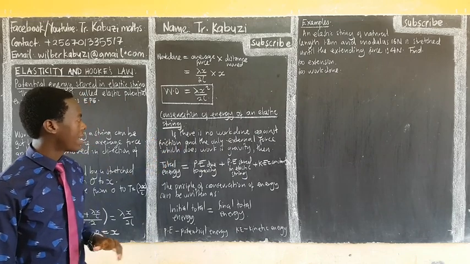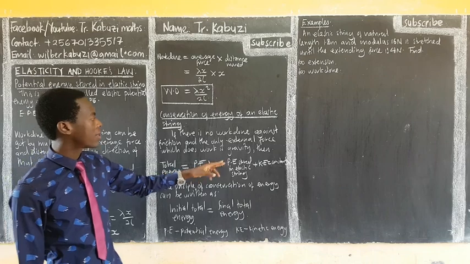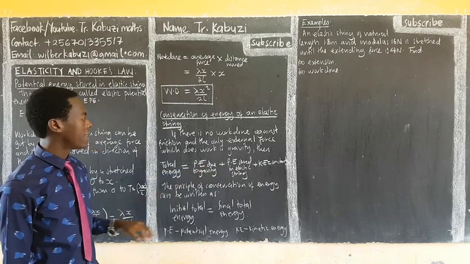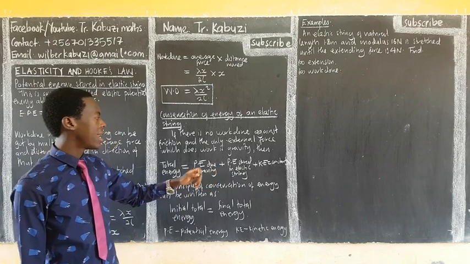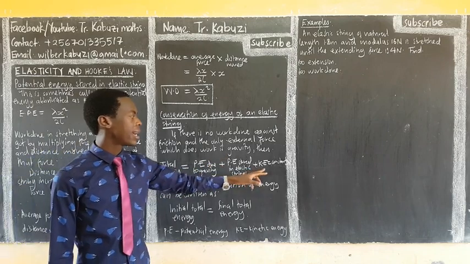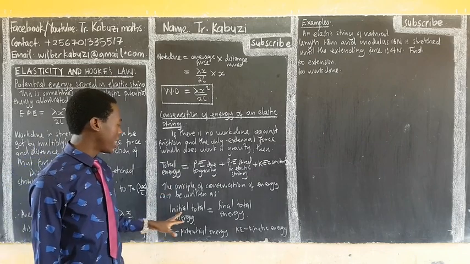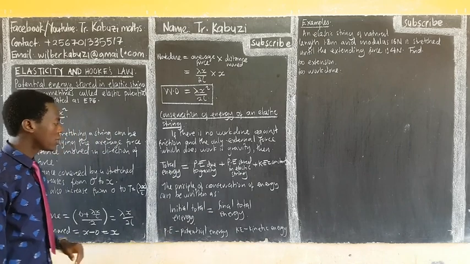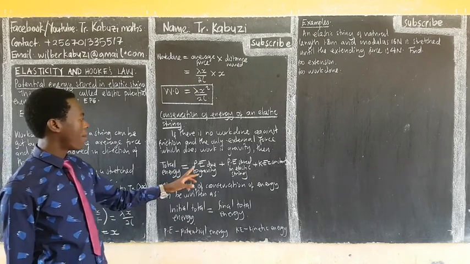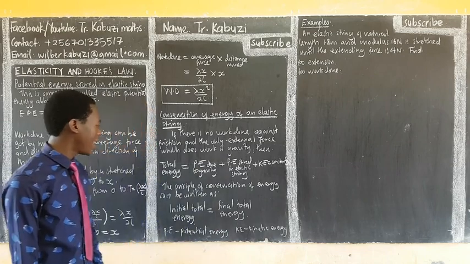If there is no work done against friction and the only external force which does work is gravity, then the total energy, which is potential energy due to gravity, plus potential energy stored in the elastic string, plus the kinetic energy, is equal to a constant. It implies that the initial total energy is equal to the final total energy. Here I'm abbreviating PE as potential energy and KE as kinetic energy.